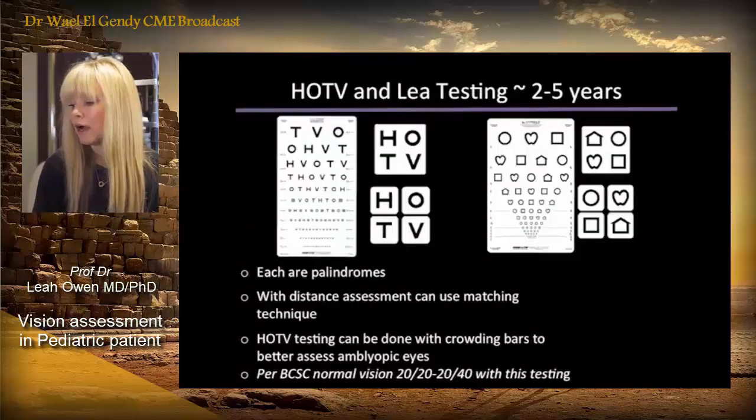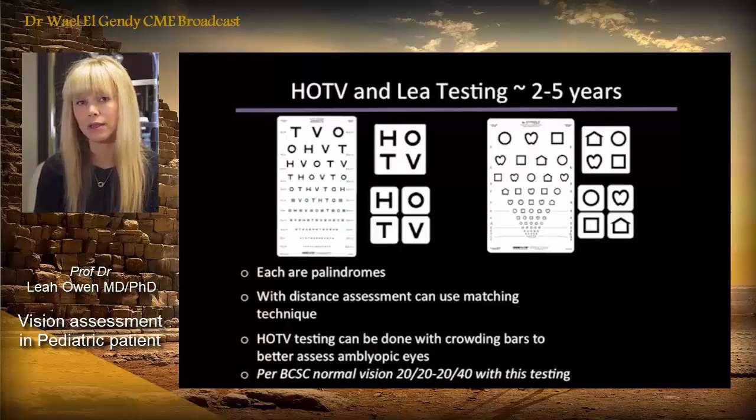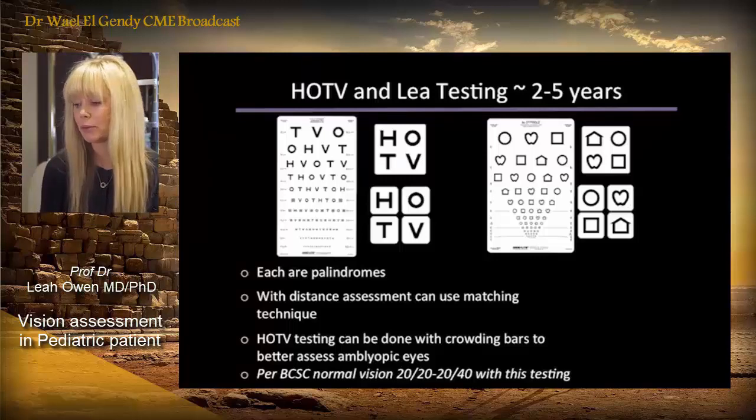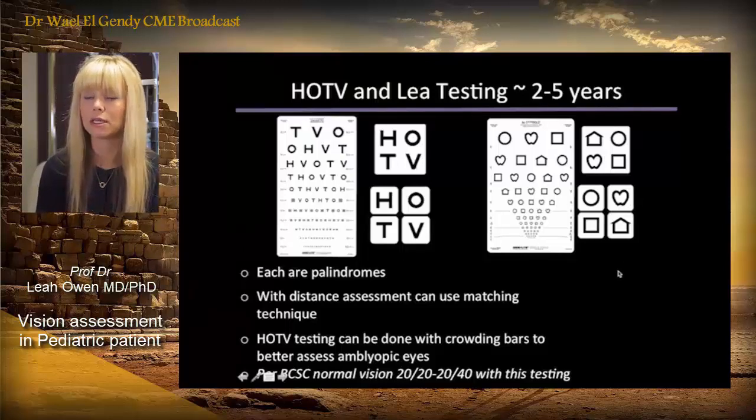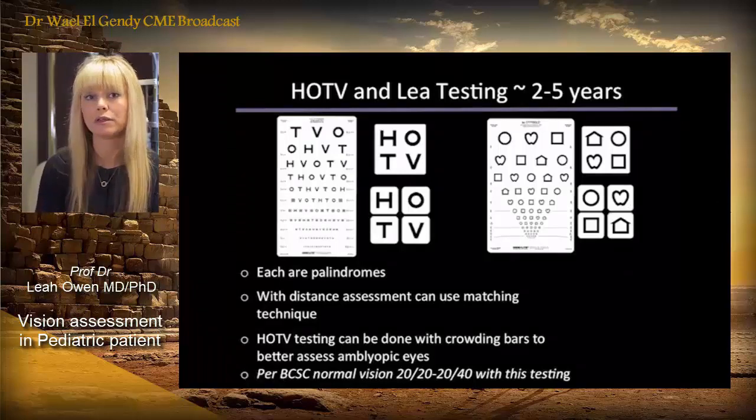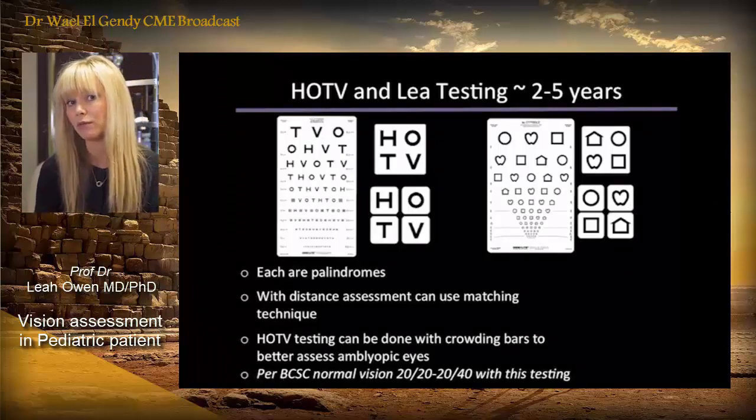There are other testing methods that I prefer in this age range called the HOTV or Leah testing. So they're two separate modalities pictured here. HOTV obviously here, Leah testing here. But the unique thing about these images is that they're palindromes. So they're the exact same image on the right and left.